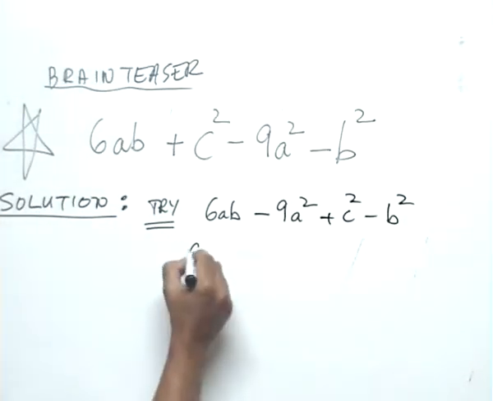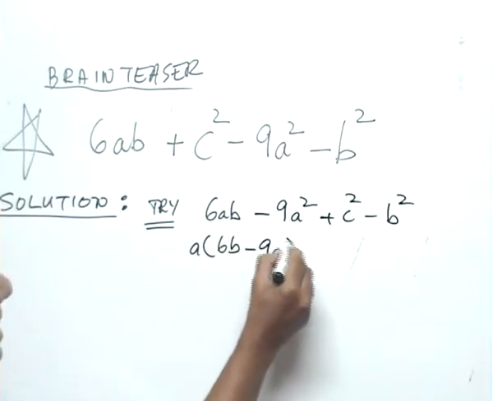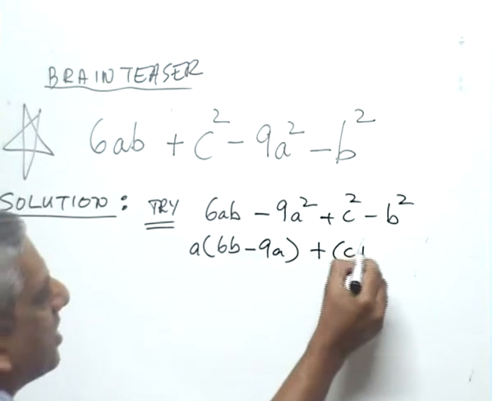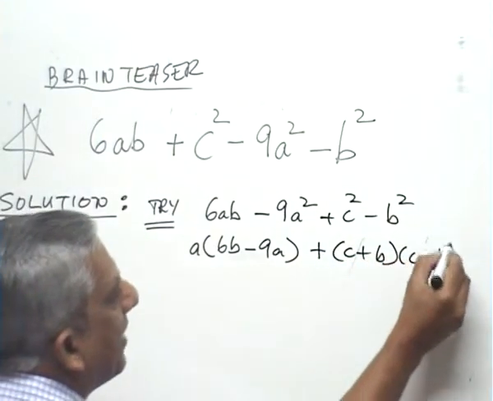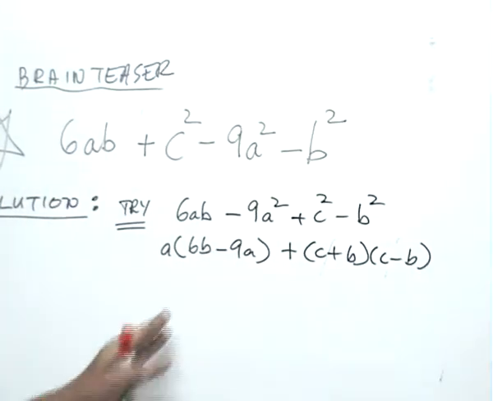And maybe you try to remove a from here and you got 6b minus 9a, and then you said, well, this is c plus b into c minus b, and you tried all these funny things, but it's not helping you because you're not getting a common factor.